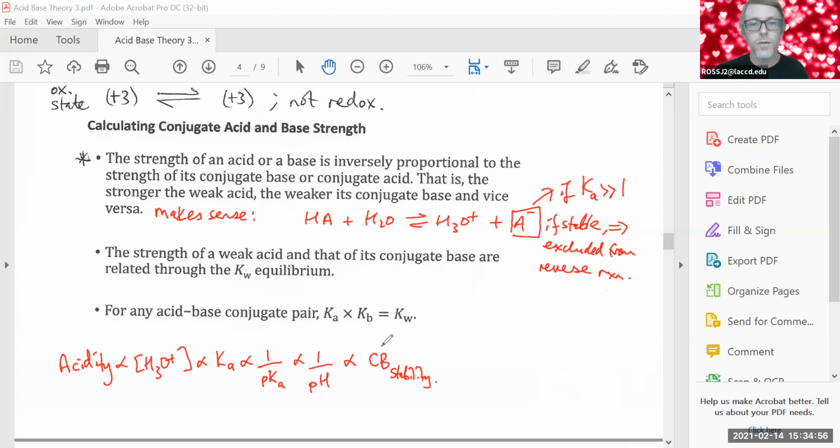So I guess this is the new feature here. It's conjugate base stability. So you can think of these proportionalities.